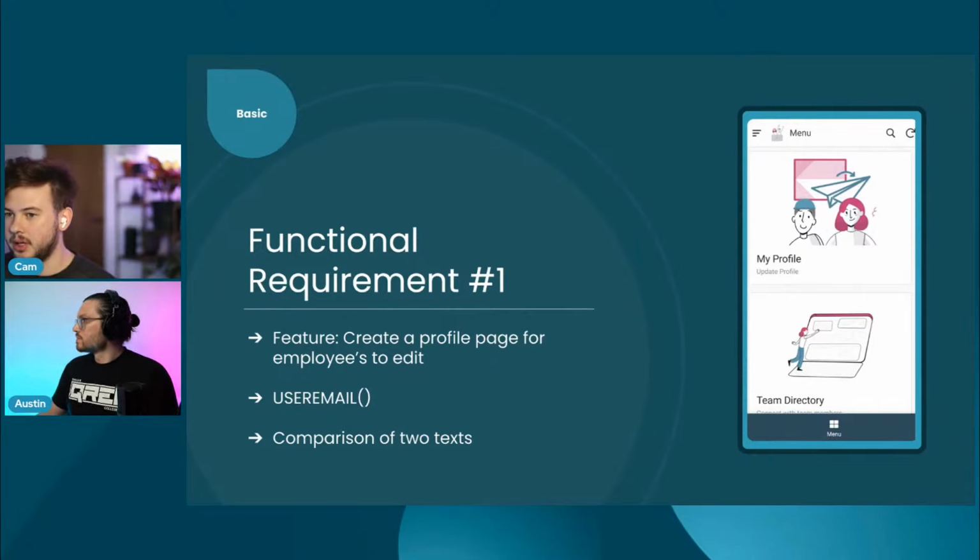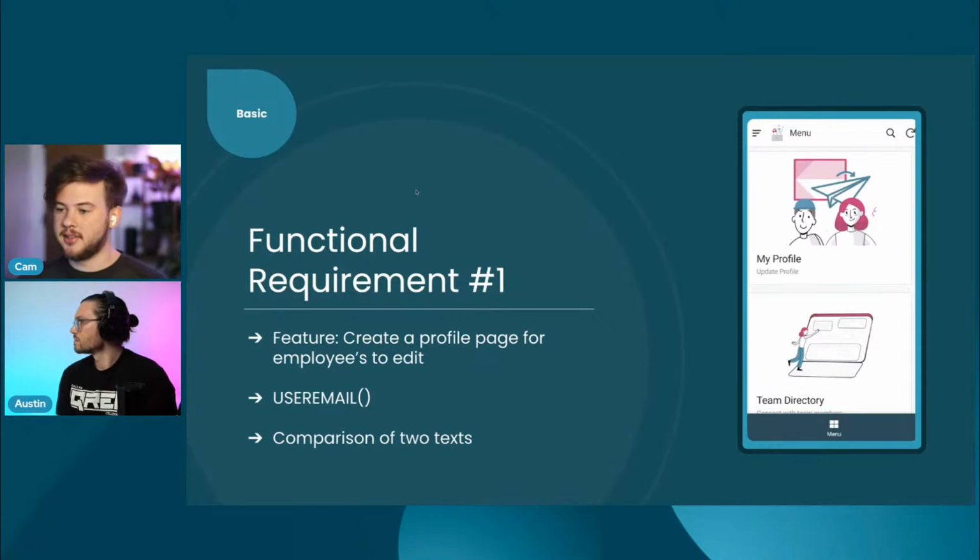Whenever they go to the employees page, we want to take them to their own specific profile, so their user record. We don't want to bring them to somebody else. We want to only bring them to themselves. And how we're going to do that is by creating a slice. Let's go ahead and jump into AppSheet and do that.